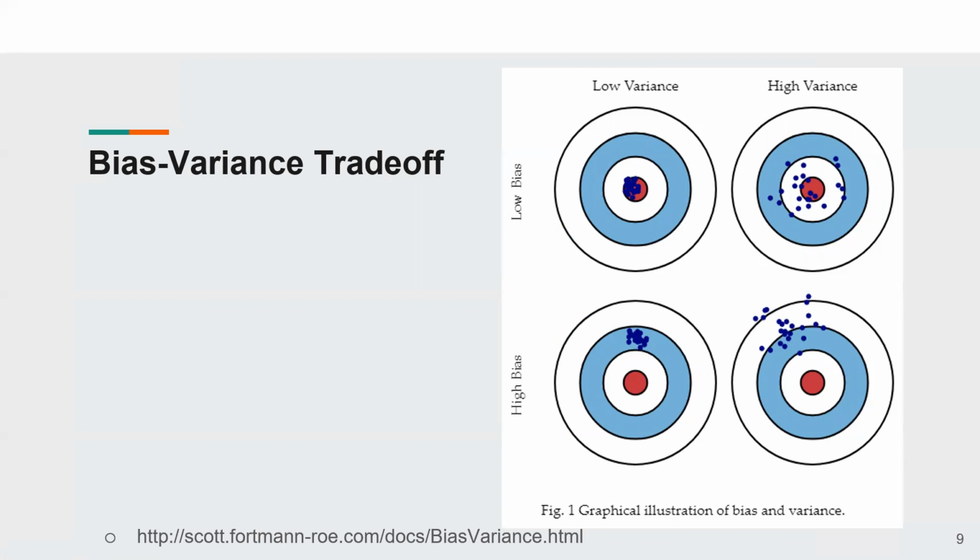From the next page, you will probably understand even better. So what exactly is the bias and variance trade-off? For example, the chart on the top left has low bias and low variance. We're shooting at the target, and the majority of the time we're right on the target, and the shots are also concentrated on the target.